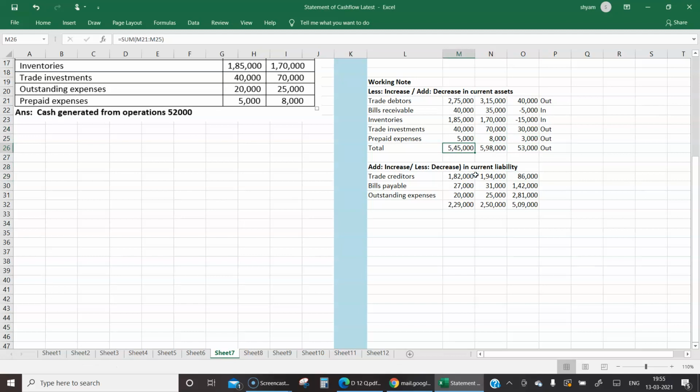You just need to show this alone. You don't need to show the individual changes like this. Consolidated is more than enough. Just for explaining, I'm showing it. If you see here, the company, I think it is summing in the wrong way.